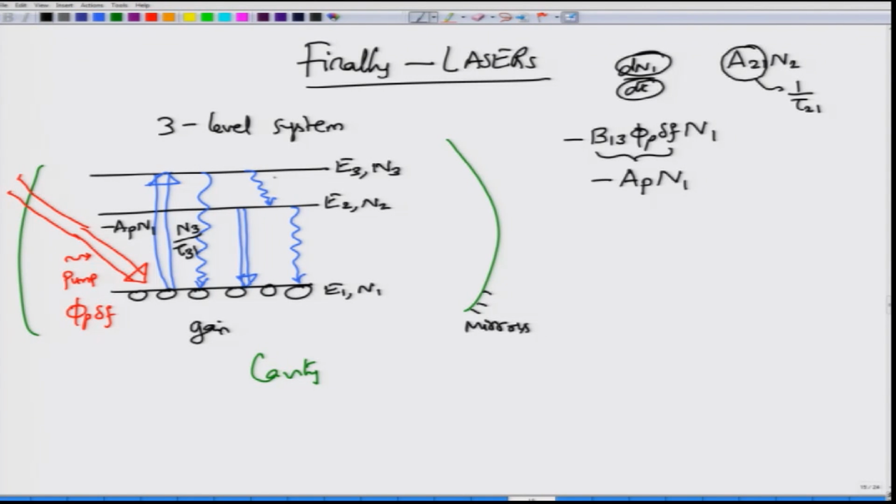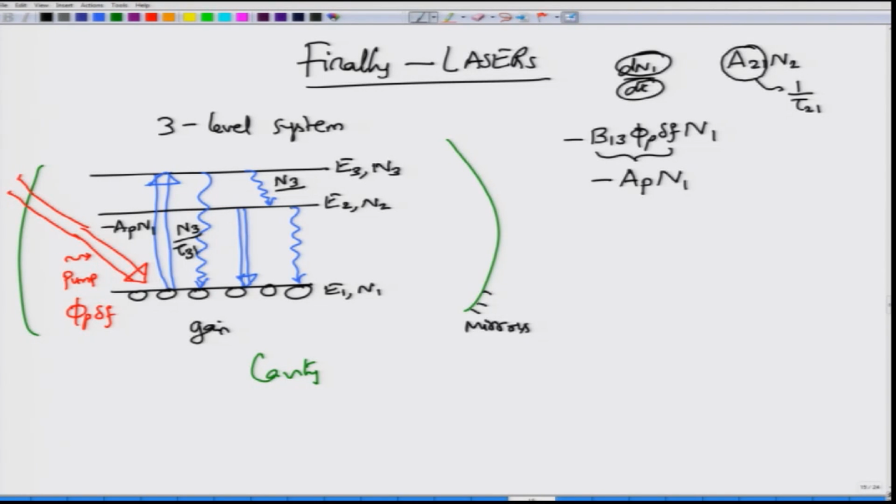Similarly, and this is much more probable because atoms like to go from E3 to E2, the reason why I have put a wavy line here in these two is because these reactions are non-radiative. That means they do not give out any photons, but they serve only to deplete the population.